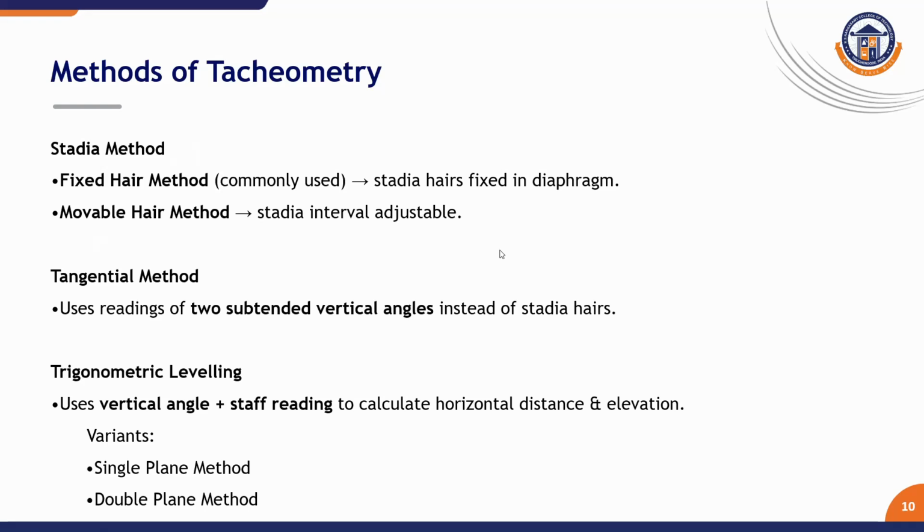The second main method is the tangential method, where instead of stadia hairs, two precise vertical angles to a staff are measured to compute the distance and difference in elevations. Trigonometrical leveling is a closely related method, where vertical angles measured from the theodolite are combined with a measured or calculated horizontal distance to determine the difference in elevation between two points.